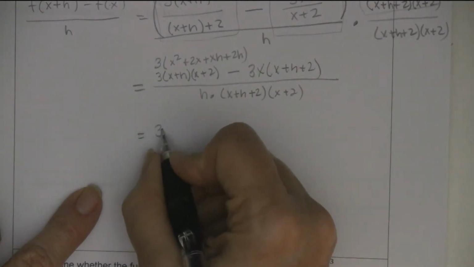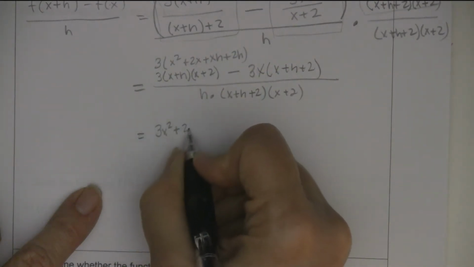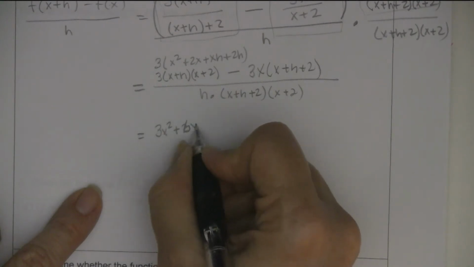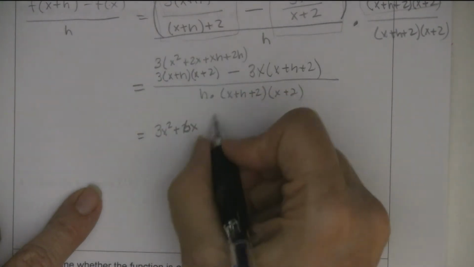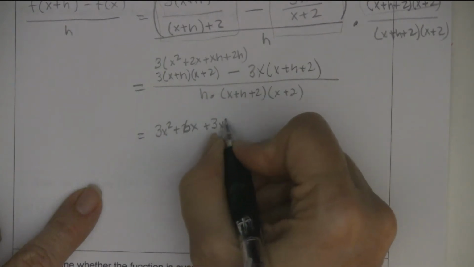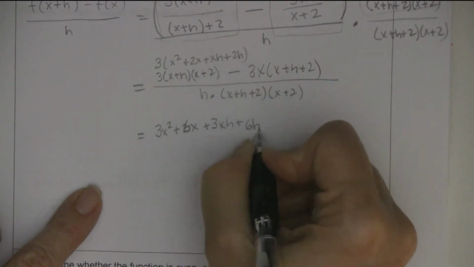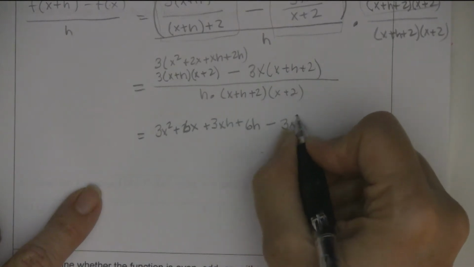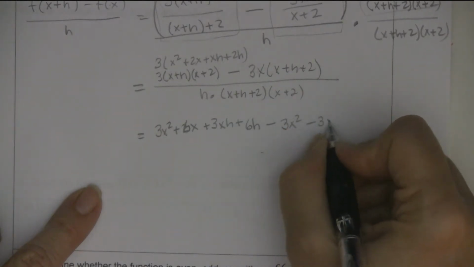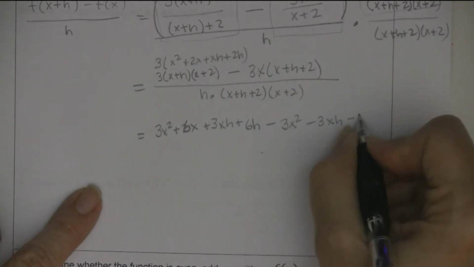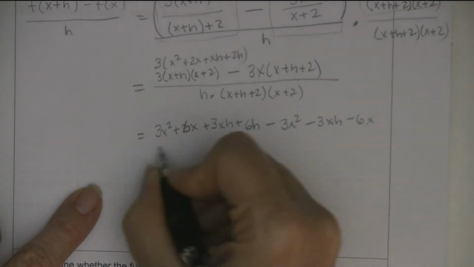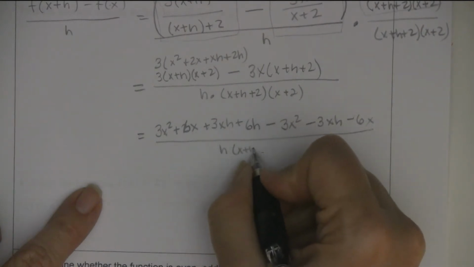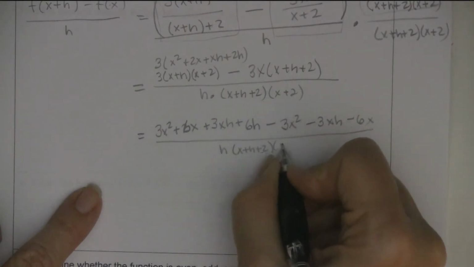So this is 3x squared plus 2 times 3 is 6, 6x, plus 3xh plus 6h, all minusing, right? 3x squared minus 3xh minus 6x, all divided by what I had in the denominator without changing it because I was hoping to cancel h and it's already factored.